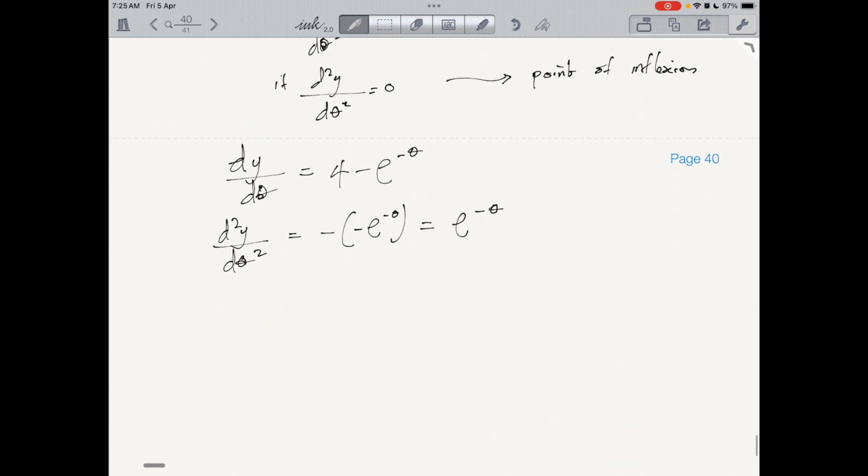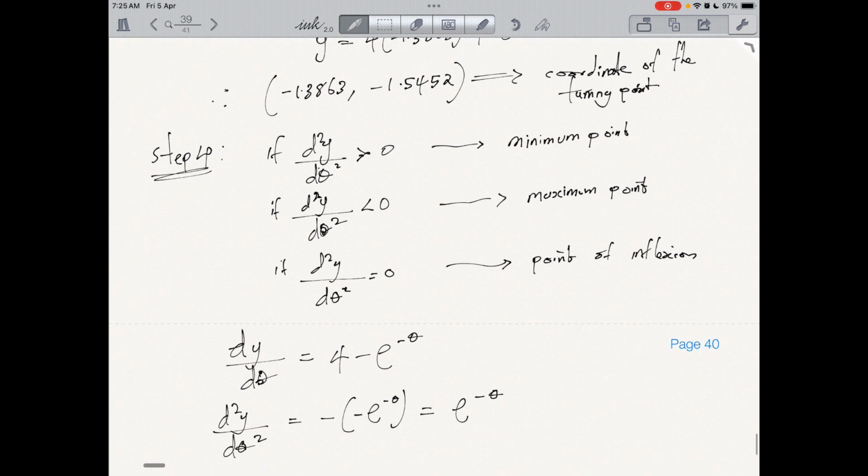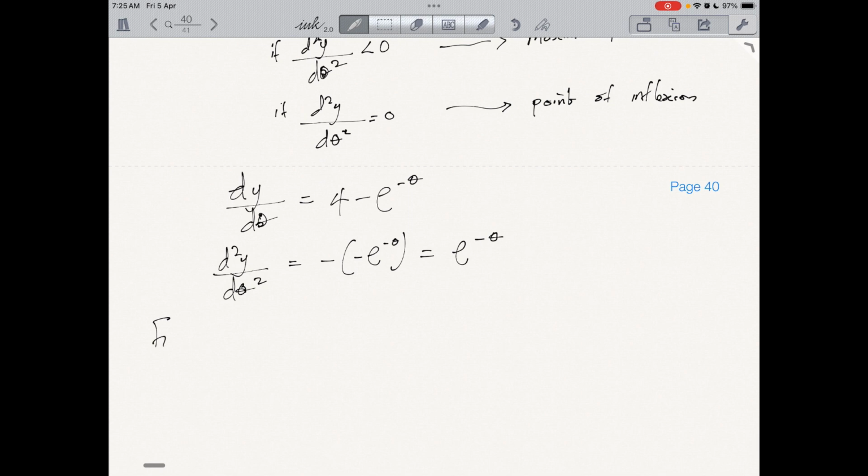Now, since the coordinates we are having is this, therefore we say for minus 1.3863, minus 1.5452, d squared y/d theta squared at theta equal to minus 1.3863.